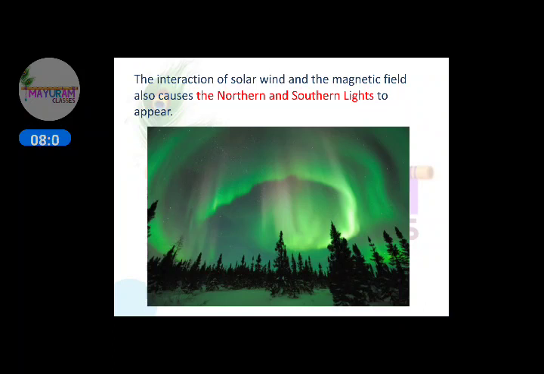These northern and southern lights are also known as aurora borealis. The energetic particles emitted by the sun are channelized by the earth's magnetic field towards the poles, where they interact with the atmosphere to create the aurora borealis.